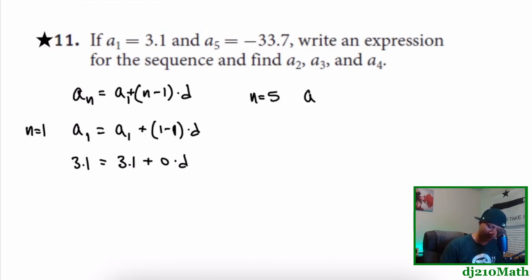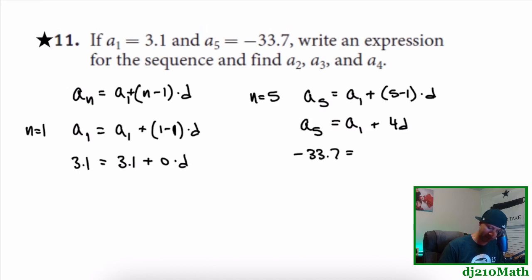That means a sub 5 is going to be equal to a sub 1 plus 5 minus 1 times d, which is a sub 1 plus 4d. In this case, a sub 5 is negative 33.7, so negative 33.7 is equal to a sub 1 plus 4d.